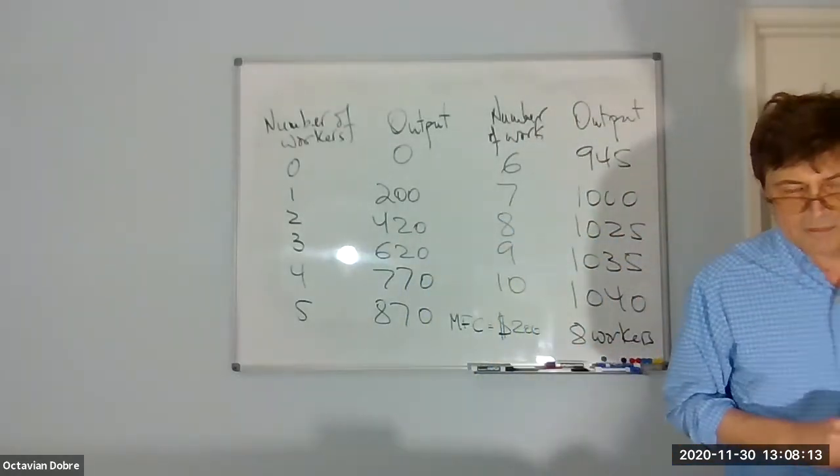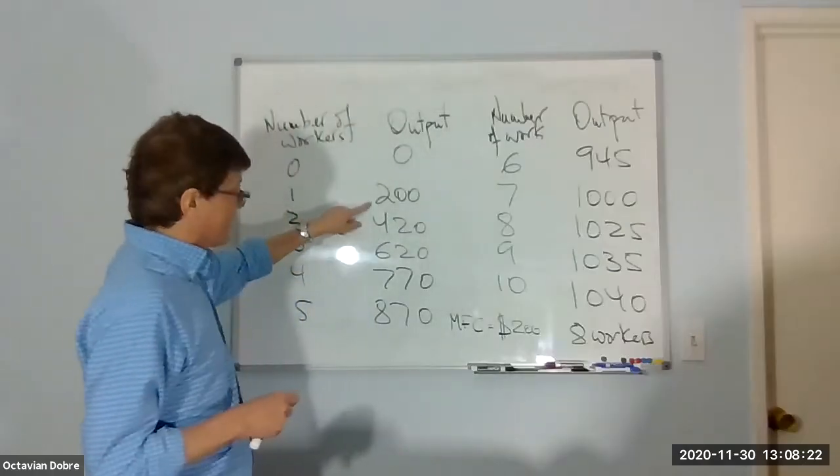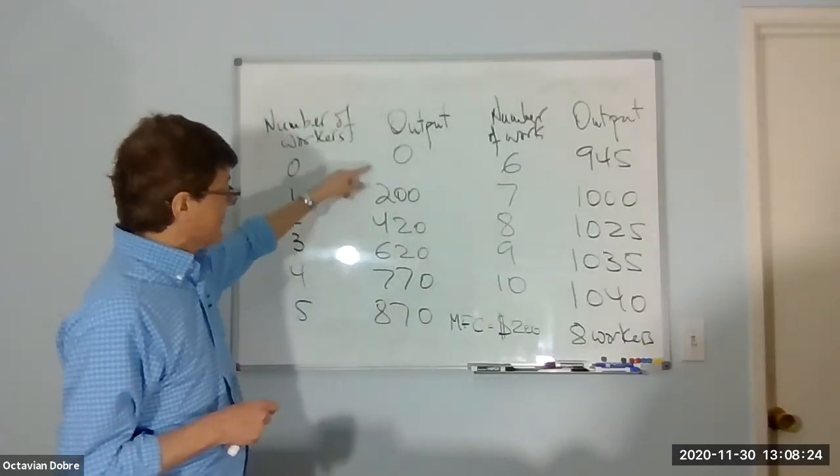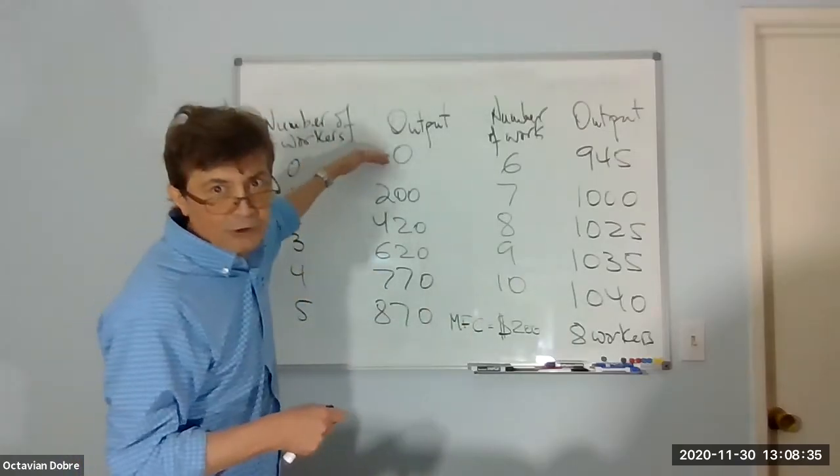I have a little bit of a question. What is the second output? Oh, I'm sorry. This one is 200. So the first output is how many units are produced. With 0 workers, you're producing 0 units.